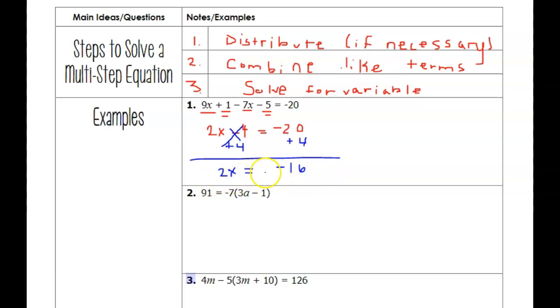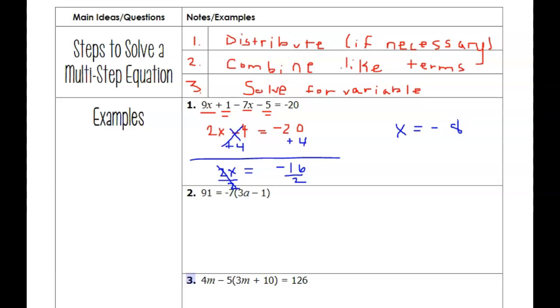Now, to get x by itself, I divide by 2 on both sides. On the left side, the 2's go away, and I end up with x equals negative 16 divided by 2, which is negative 8. Not so bad.